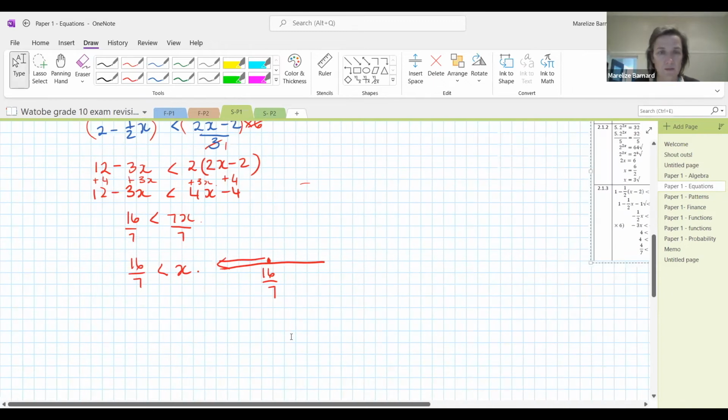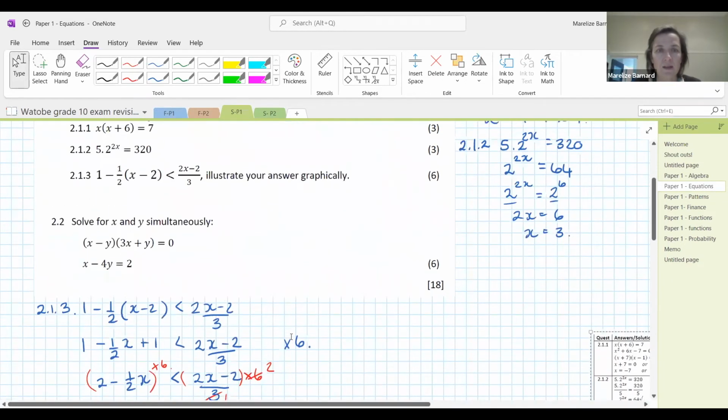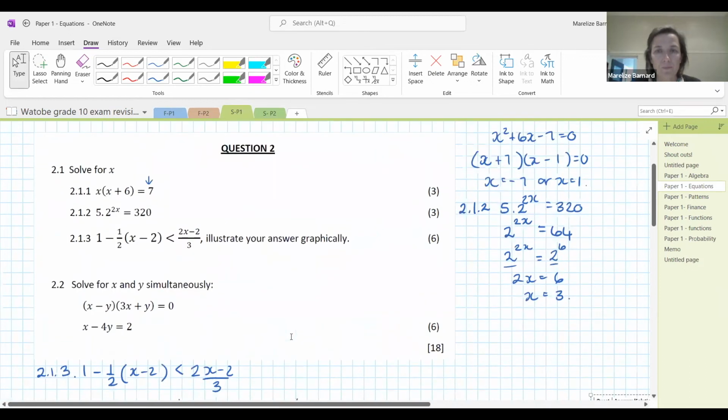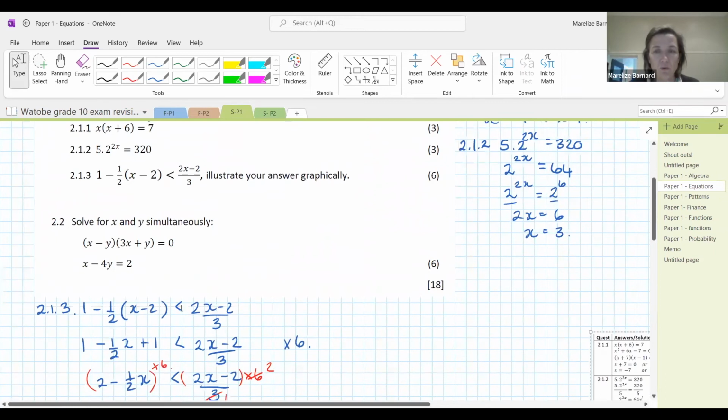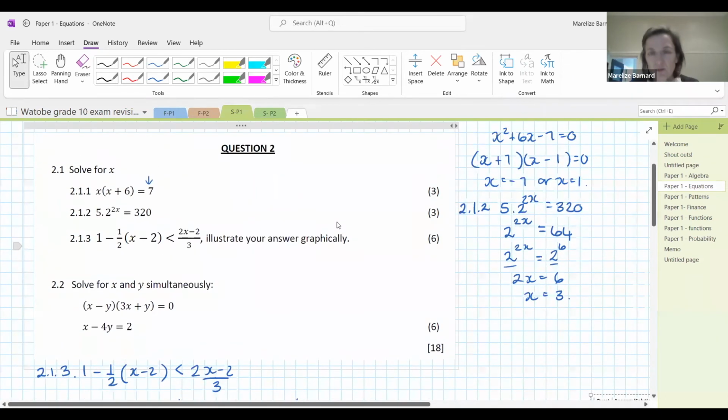Okay, everybody, let's go on. I want you to practice your simultaneous equations, so let's go on to 2.2. If there's any questions about the previous one, just pop it in the chat or raise your hand and unmute.